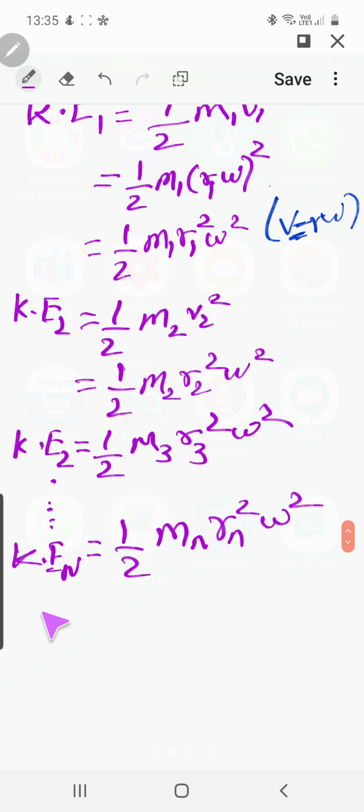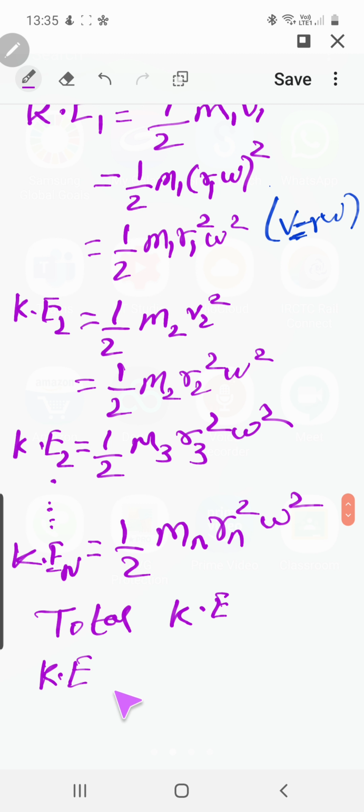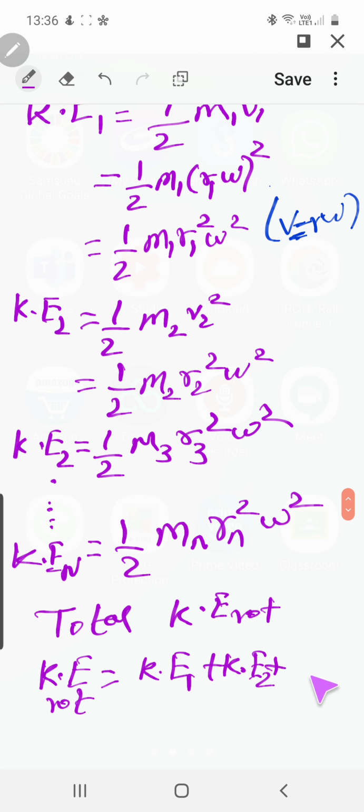So the total kinetic energy of the object, since it is rotational, Ke rotational is equal to Ke1 plus Ke2 plus and so on plus Ke n.